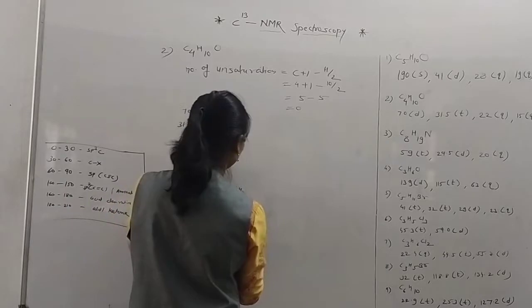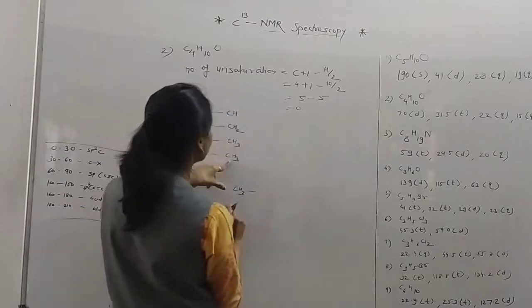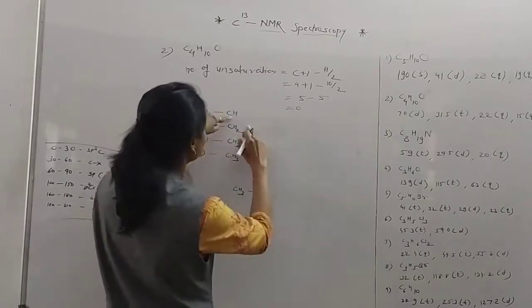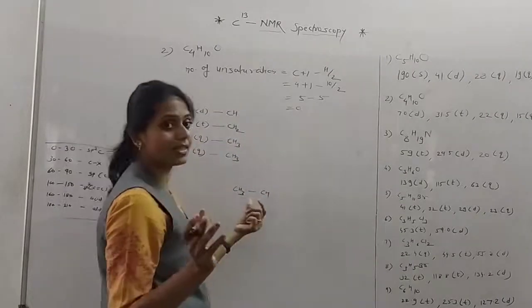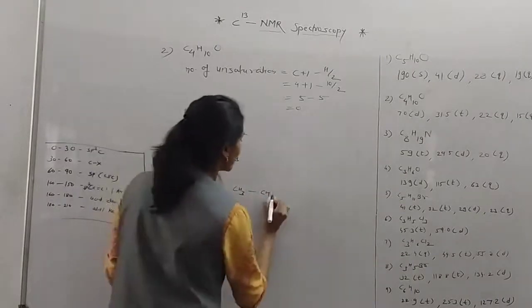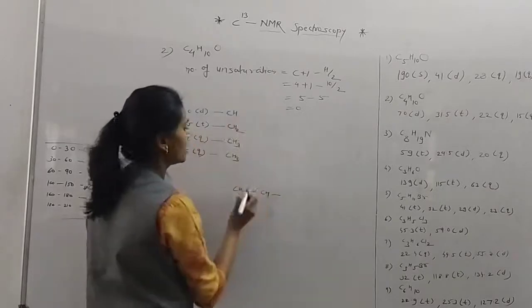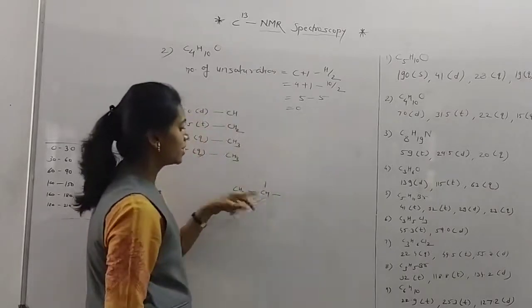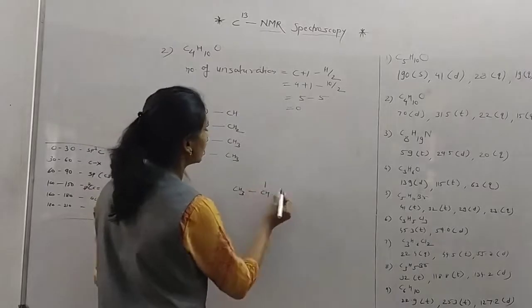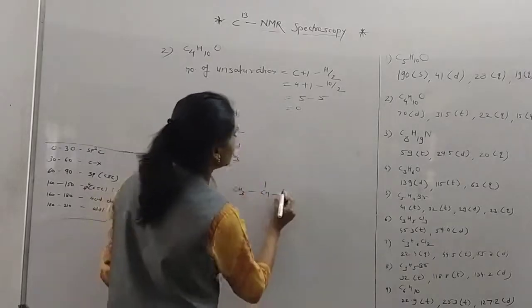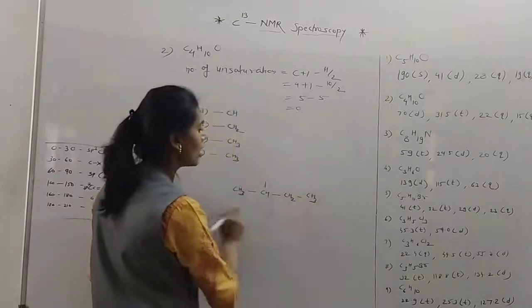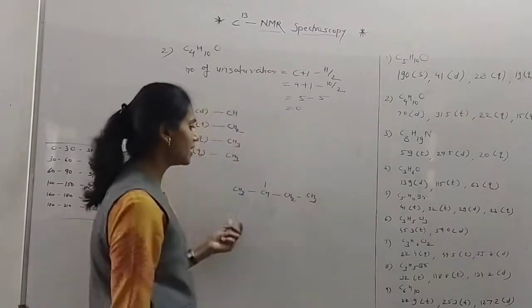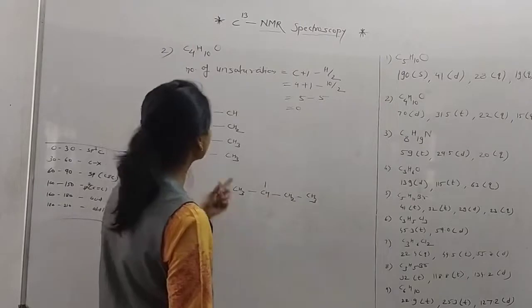So we try to draw the structure: CH3, after that there is CH. As you know the valence of carbon, it is very easy to draw the structure. There is CH, so there must be 2 bonds here, and another group is CH2 and another group is CH3. Since the 4 carbons are in different environments, I have written it like this.